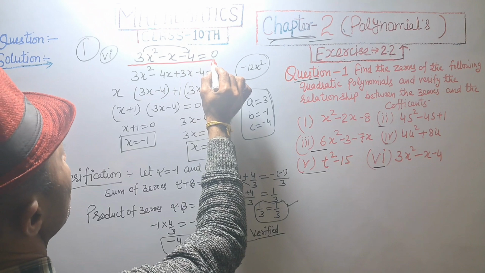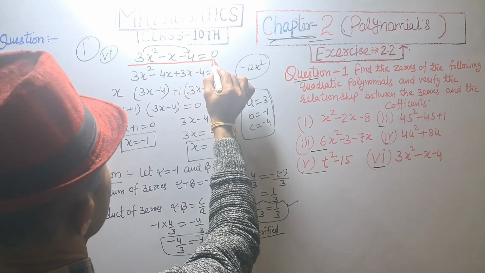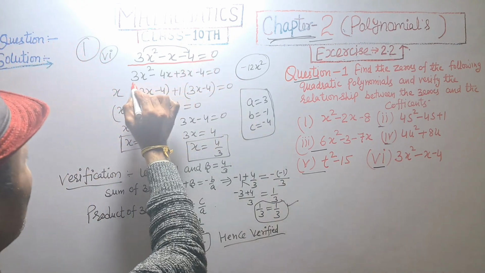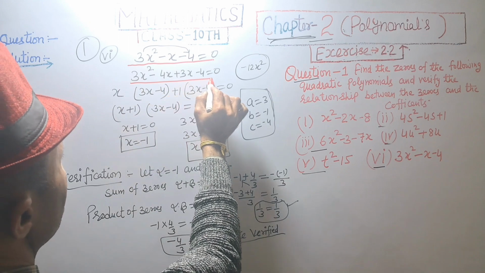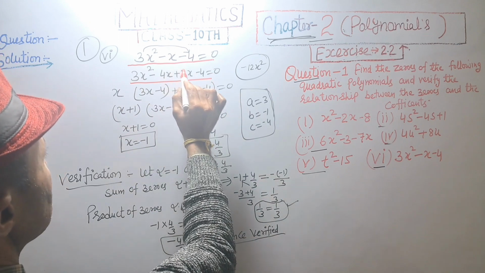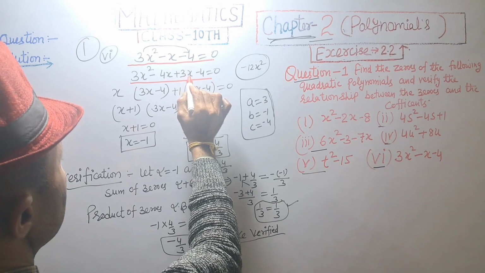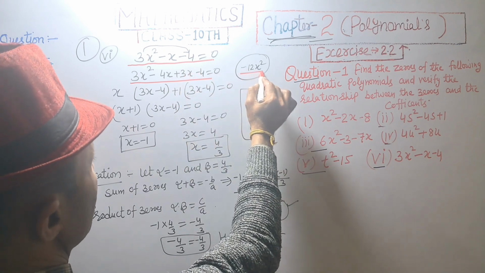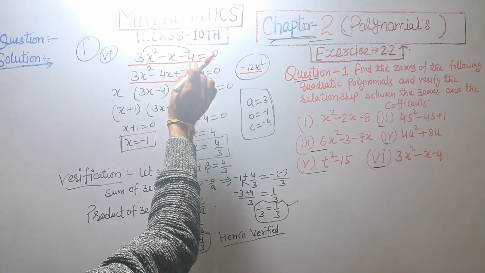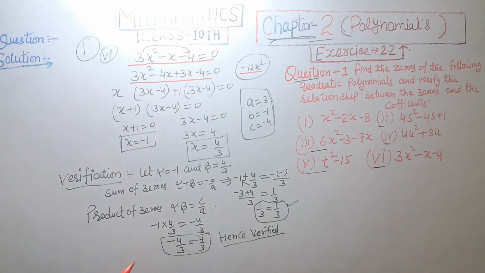Given quadratic polynomial 3x square minus x minus 4 is equal to 0 and we are splitting by middle term. Minus 4x into 3x, that is minus 12x square, and minus 4x plus 3x, that is minus x.